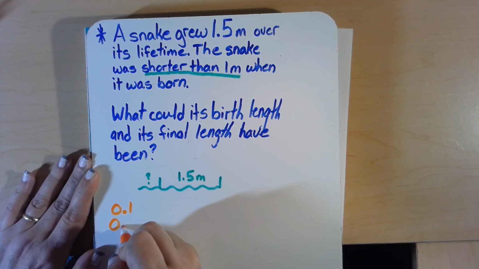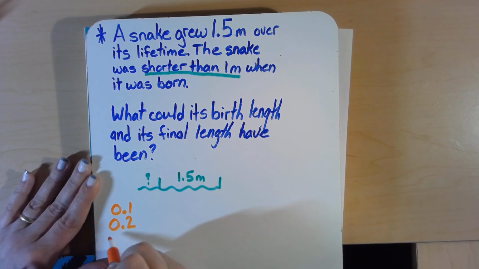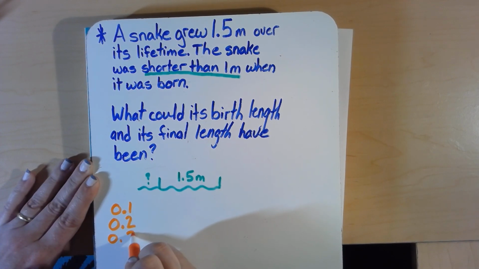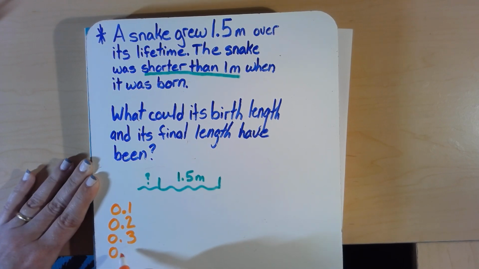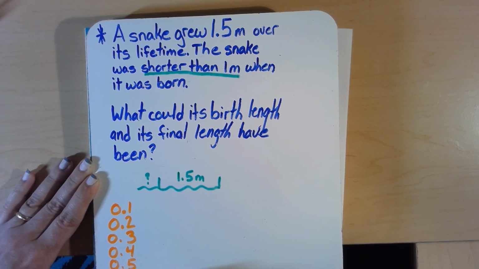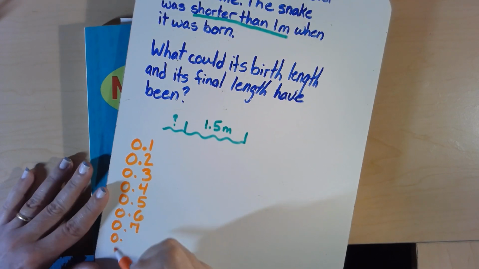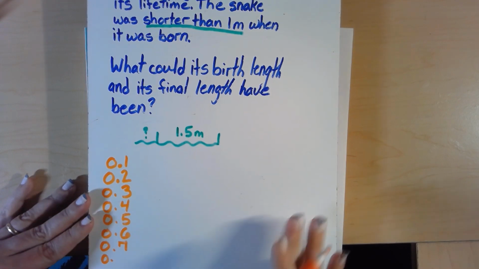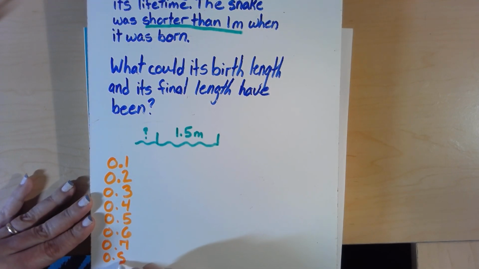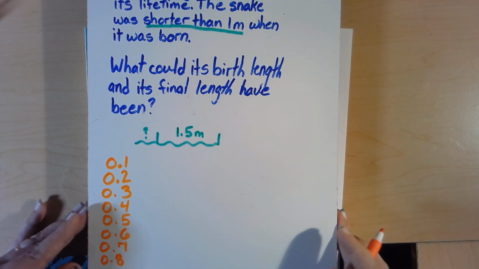I can have 0.2, 0.3, 0.4, 0.5, 0.6 meters, 0.7 meters, 0.8 meters.